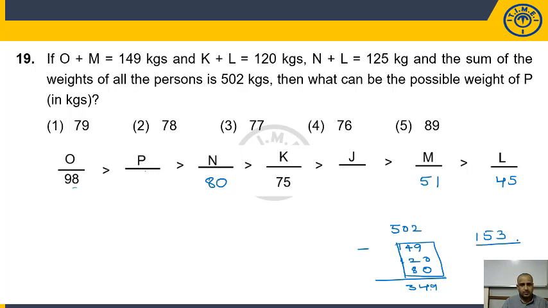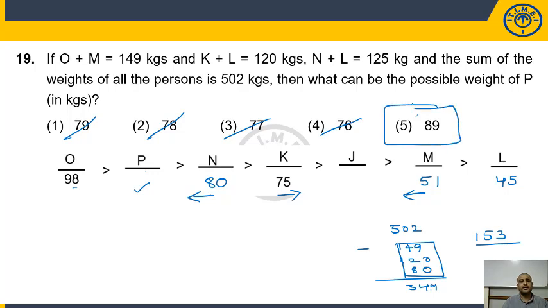Now, what can be the possible weight of P? P should be more than 80, and J should be more than 51 and less than 75. We are asking for the weight of P. Definitely it is more than 80, so it cannot be 79, 78, 77, 76. So the only possibility is 89.